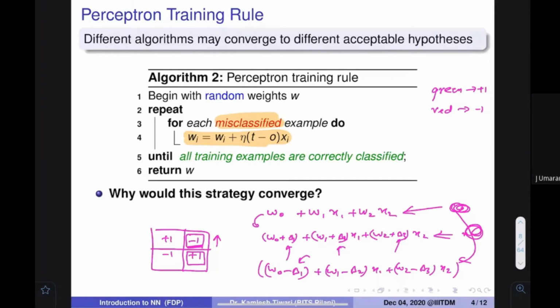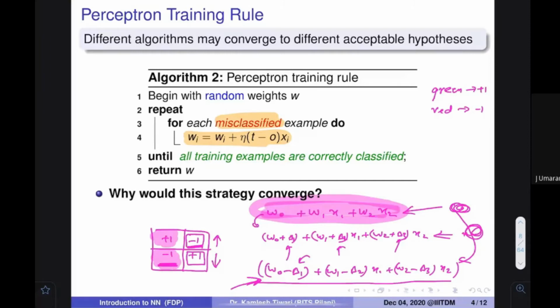For a negative item, this equation should give me negative; for a positive item, it should give me positive. But there is a problem: whatever weights I have, my equation is giving me negative. So what should I do? I should increase the weights. In the other case, I should decrease the weights. That's it. Make sense?